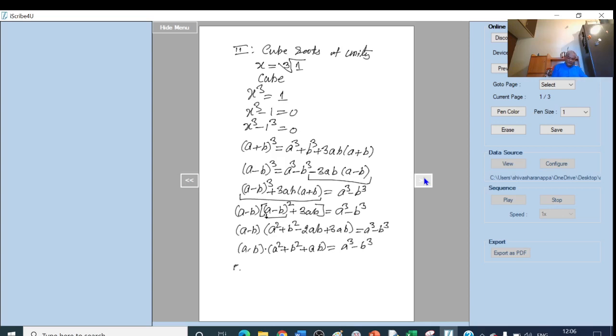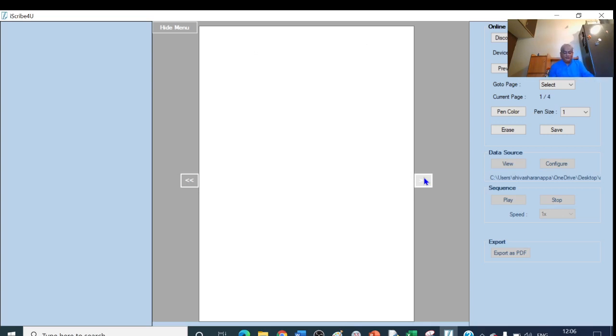So here a cube minus b cube can be written as a minus b into a square plus b square plus a into b. Right? So therefore, x cube minus 1 cube.